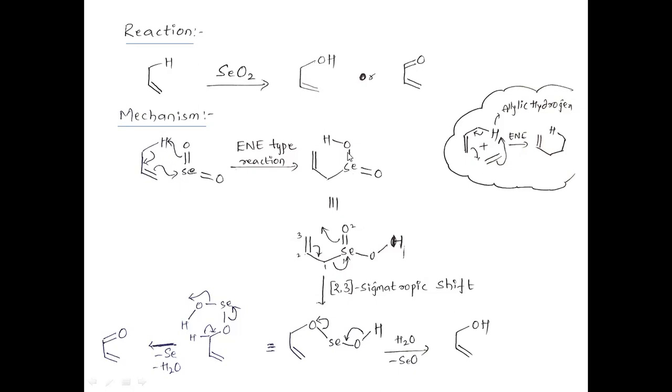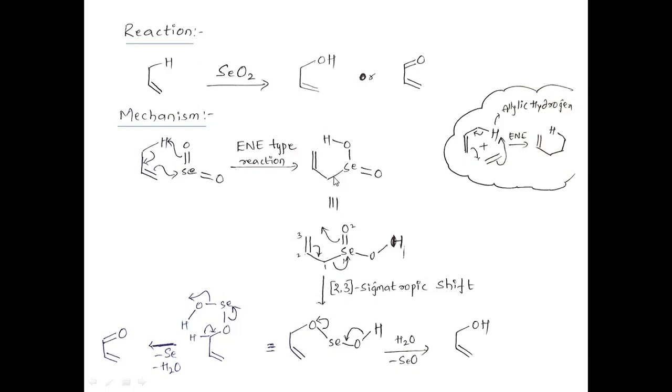If instead of selenium and oxygen you had two carbons, then this would become an ene reaction. But we have selenium and oxygen in this case, so we represent it as an ene type reaction. Sometimes this is also called an Alder-ene type reaction. This is assumed as a four electron system, and this is assumed as a two electron system, so it is just like a 4 pi plus 2 pi reaction, an Alder-ene type reaction.